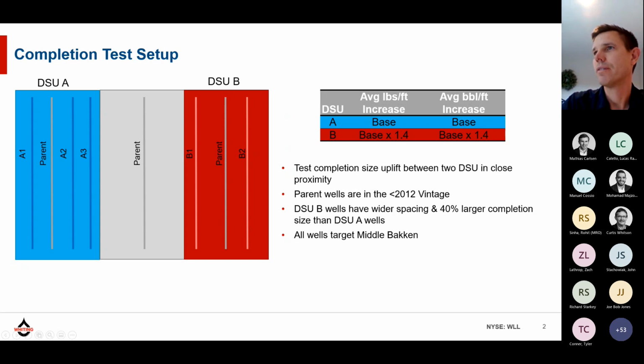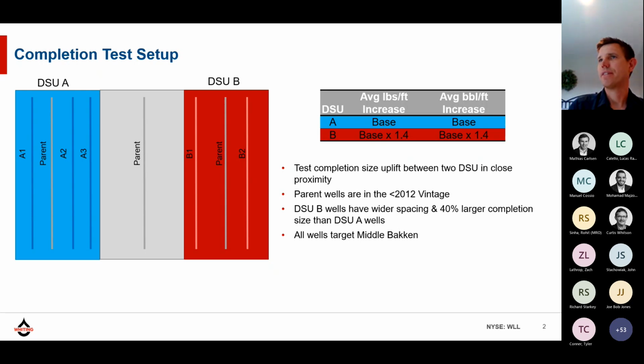And it got about a 40% larger completion, both in terms of sand per foot and liquid pumped per foot. Each DSU has a parent well that's at least a decade old, and all these wells target the Middle Bakken. There's no multi-zone development here. It's Middle Bakken only.